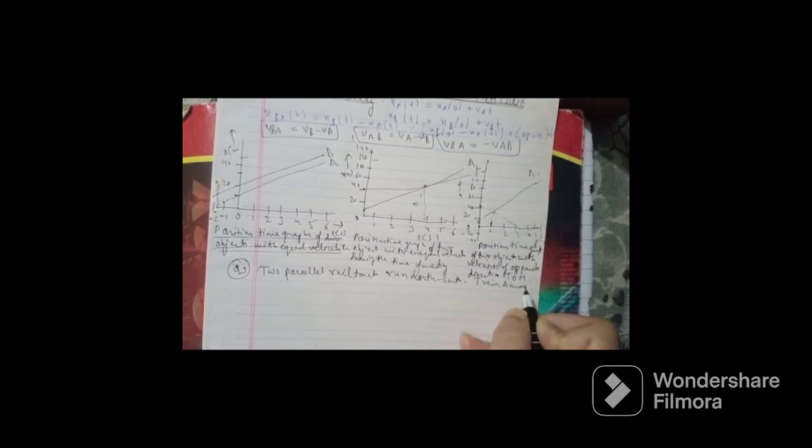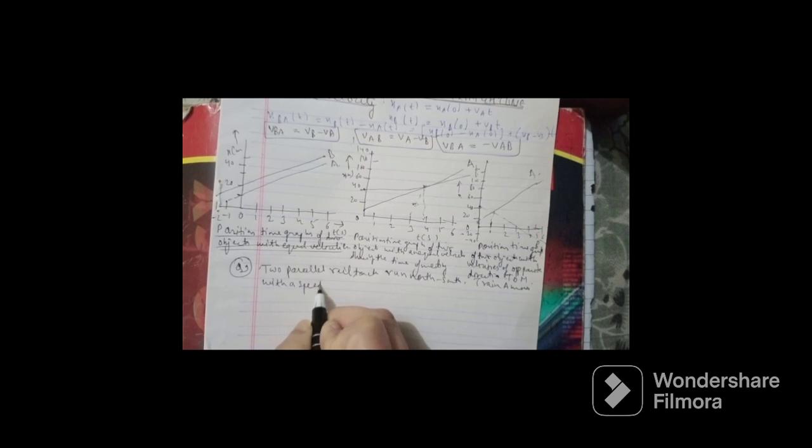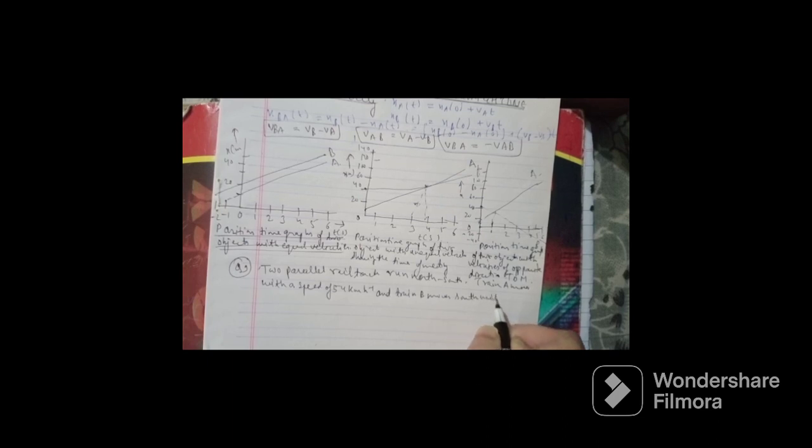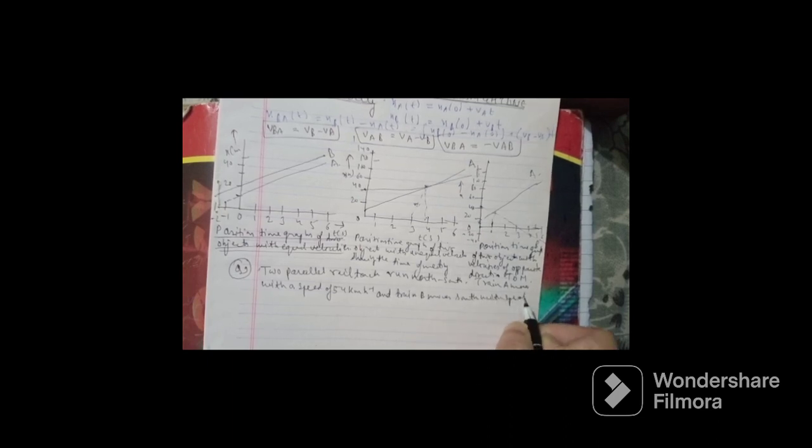Train A moves north with a speed of 54 km per hour, and train B moves south with a speed of 90 km per hour.